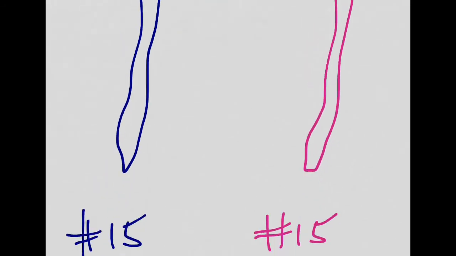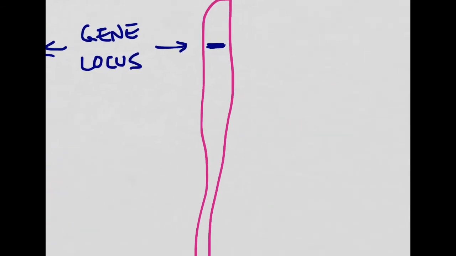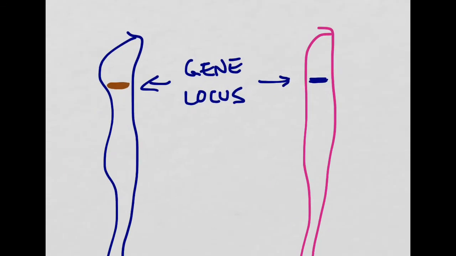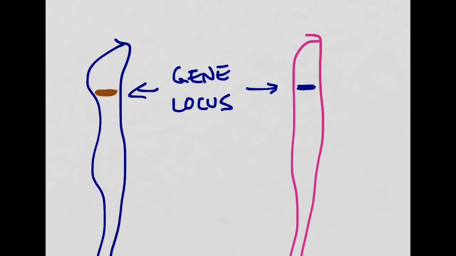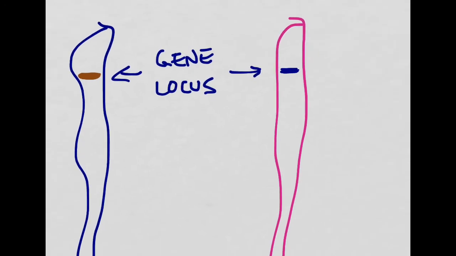So the dad carries in his chromosome number 15 the brown allele, whereas the mom carries in her chromosome number 15 the blue allele. And when you inherited it, that means you inherited one brown-eyed allele and one blue-eyed allele, because each of these chromosome number 15s are hanging out in your body together with 22 other sets of chromosomes with all their genes and all their potential alleles.